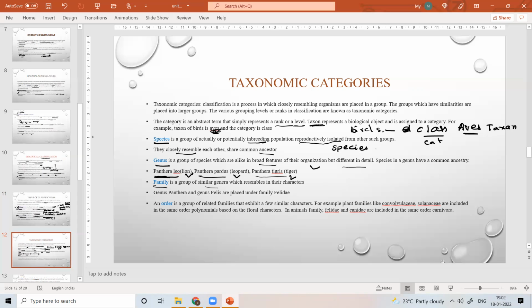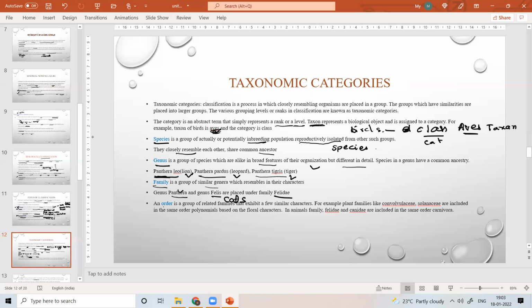Genus Panthera includes lions and tigers, and genus Felis is the genus of cats. Under the family Felidae, which shares common features, it includes the genera Panthera and Felis.